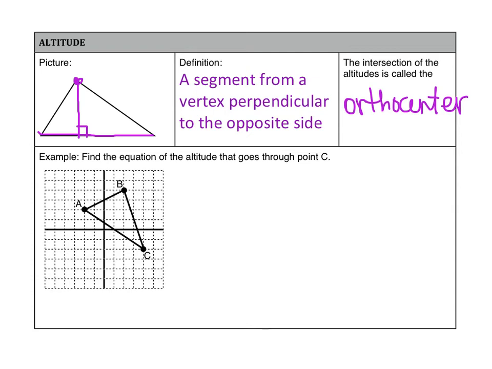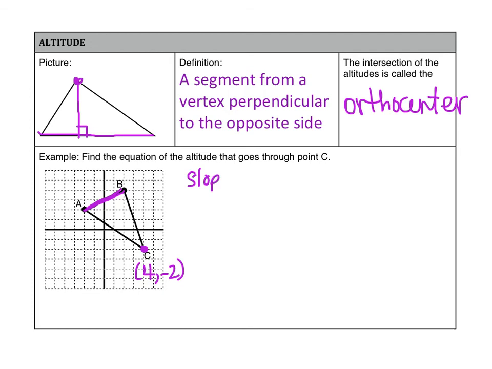In this example, you are asked to find the equation of the altitude that goes through point C. Again, point C is (4, -2). We need to be perpendicular to the opposite side, so we will have to go perpendicular to AB.